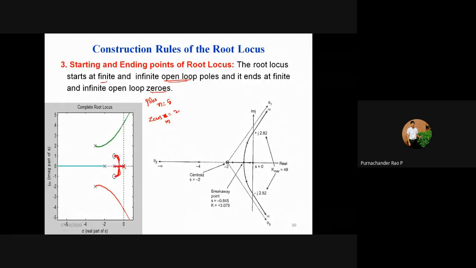Therefore, these two root locus branches terminate at zeros and the remaining root locus branches terminate at infinity.